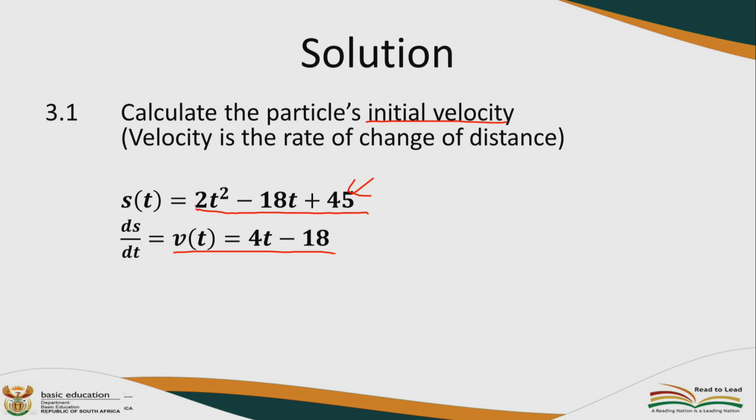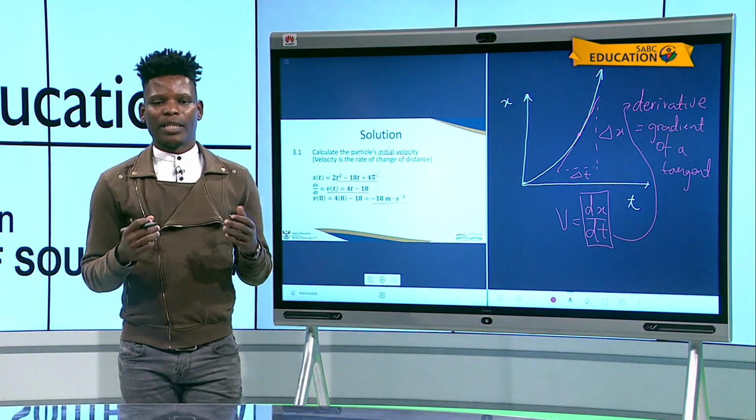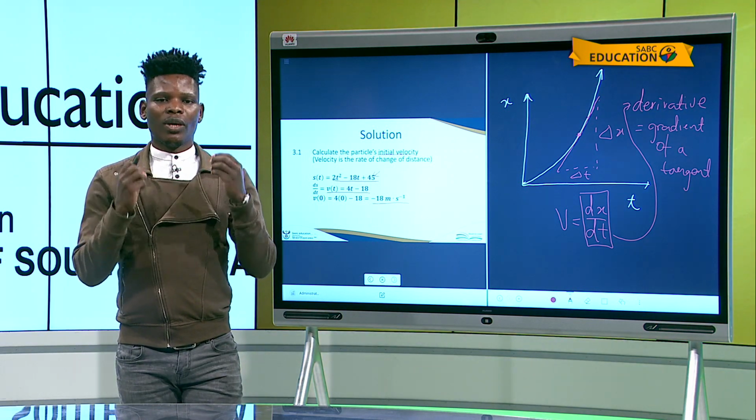So it means that in the expression of velocity that we have here, our t should be equal to 0. So we're going to replace t with 0, and then we find that our answer is negative 18 meters per second. Again, like I said, the sign in your answer refers to the direction.